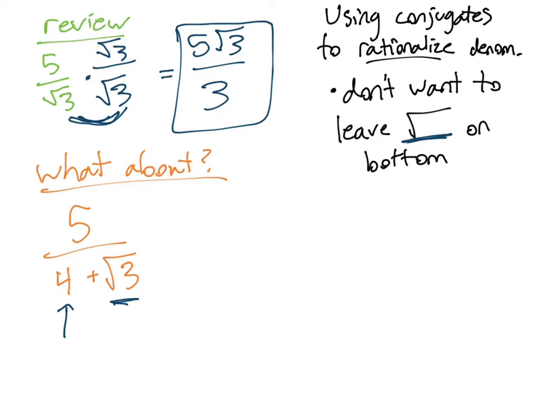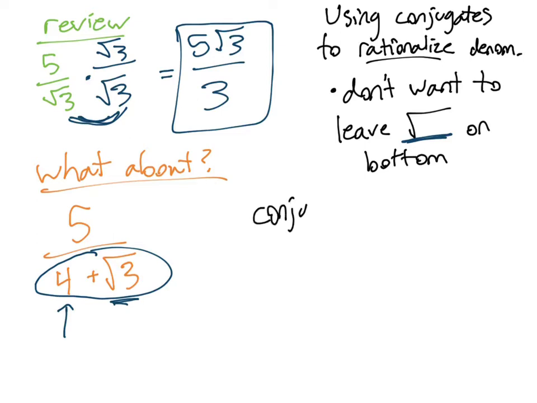Instead, if we have more than one term in our denominator containing a radical, we need to multiply by the conjugate. So the conjugate of an expression is what you get when you flip one of the signs in that expression.